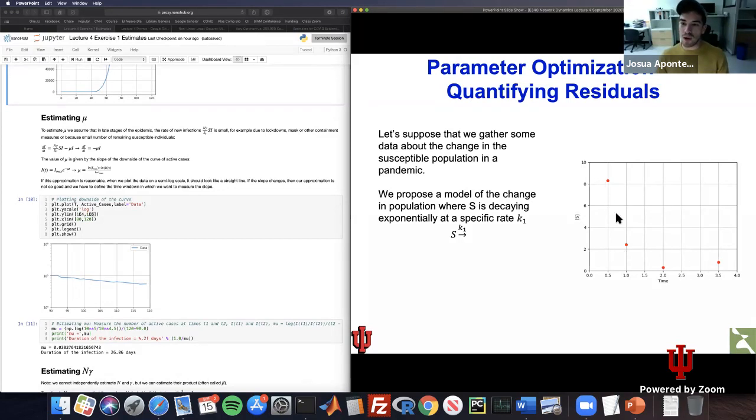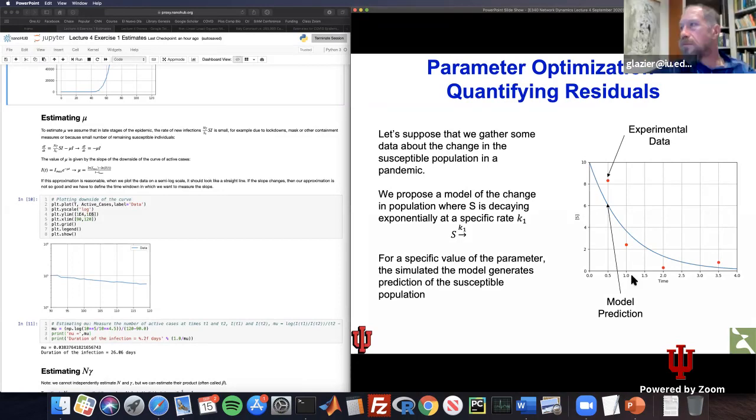We have the experimental data, and we propose a model in which the change in the population is given by this form: the number of susceptible individuals is decaying exponentially at a specific rate K1. When we assign K1 a specific value, our model makes a prediction about the population in time.